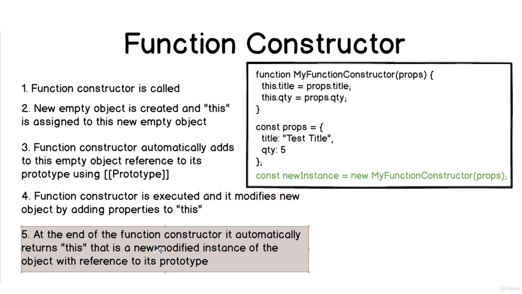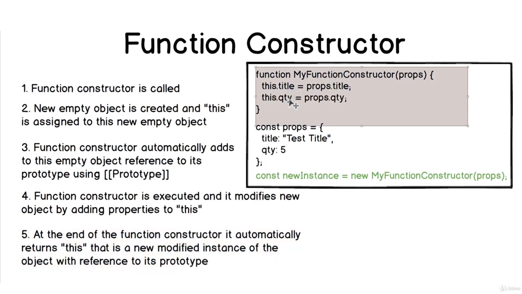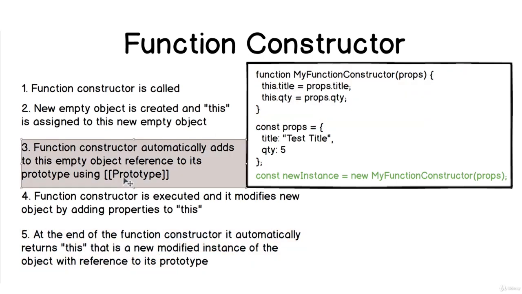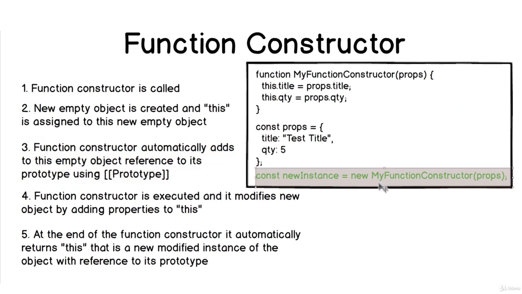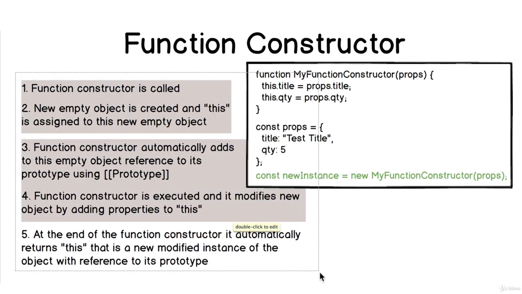So this new modified instance of the object will contain properties, in this example, title, quantity, and __proto__, and hidden property prototype. Each time whenever you want to create new instance of the function constructor, you need to call it like this, using new keyword plus function call with arguments. And each time this process will be repeated.